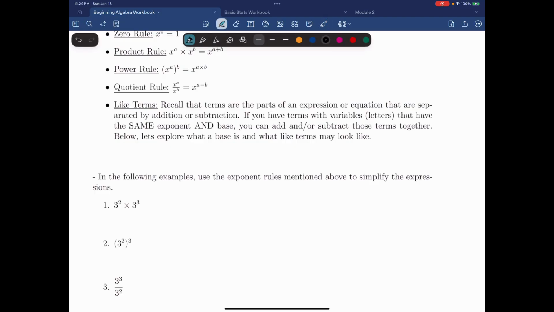So let's see here. Let's say we had 3x squared plus x squared. Now, do we think we could add these two? Do we think we could add 3x squared and x squared together? Yes, you can. And here's why. That is because we have the same base, which is x.